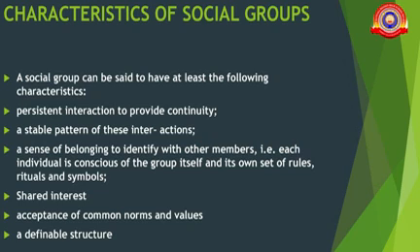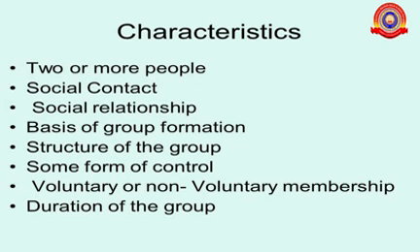Shared interest, acceptance of common norms and values, a definable structure. A few more characteristics: two or more people, social contact, social relationship, basis of group formation, structure of the group, some form of control, voluntary or non-voluntary membership, duration of the group.